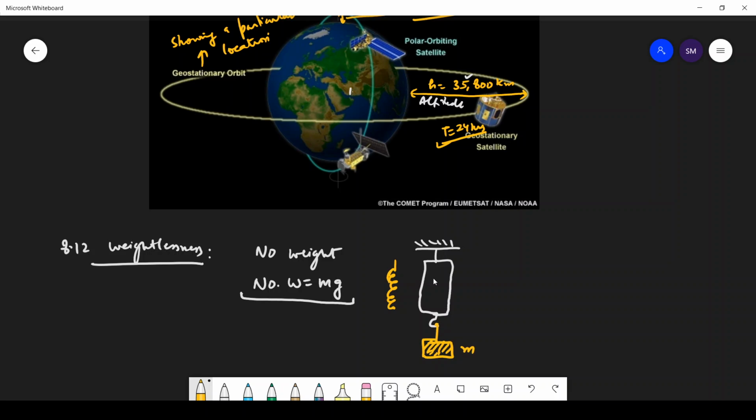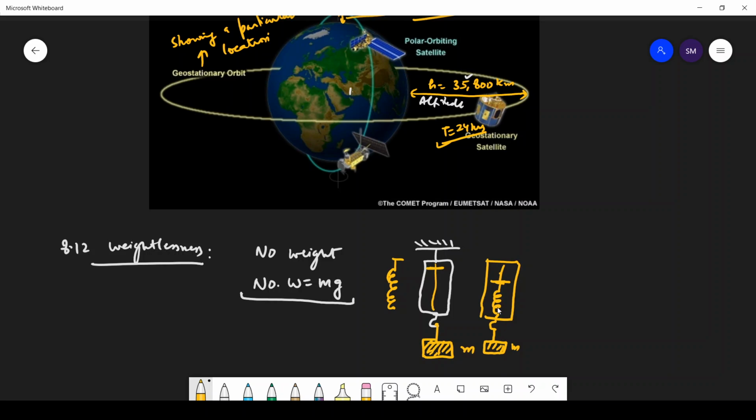So this spring will come down, this hook will come down, and this pointer, which was over here, comes down to this position, and the spring is stretched.